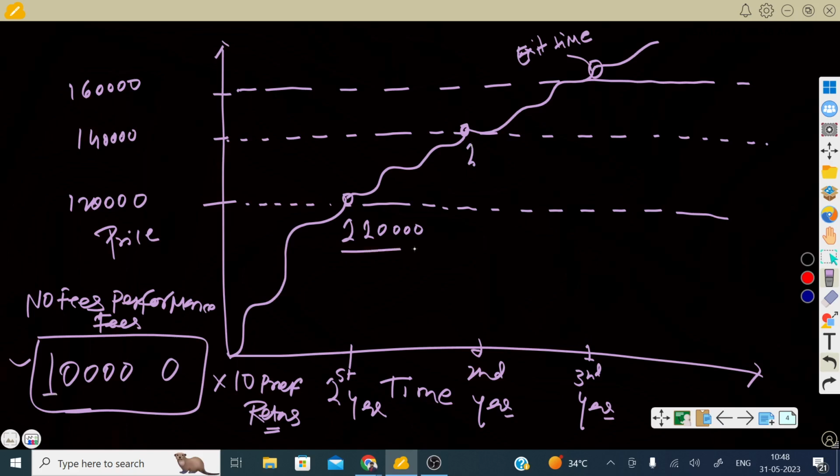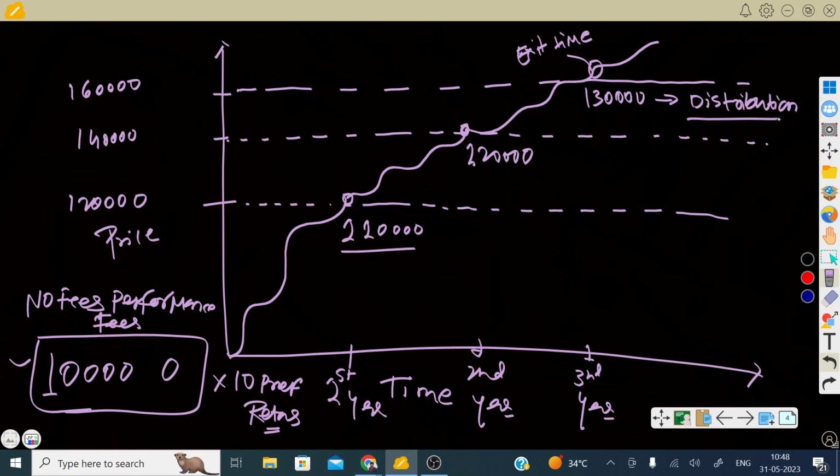So here the total investment value, from an investor perspective, would be 1 lakh 20, and here 1 lakh 30, and this is where redemption or distribution will be executed. In a hedge fund we call it a redemption, but here we call it a distribution.